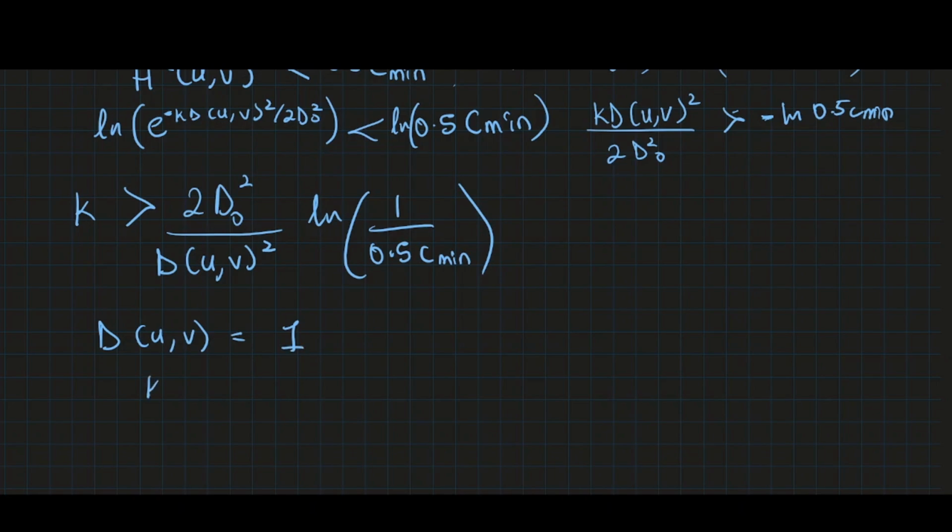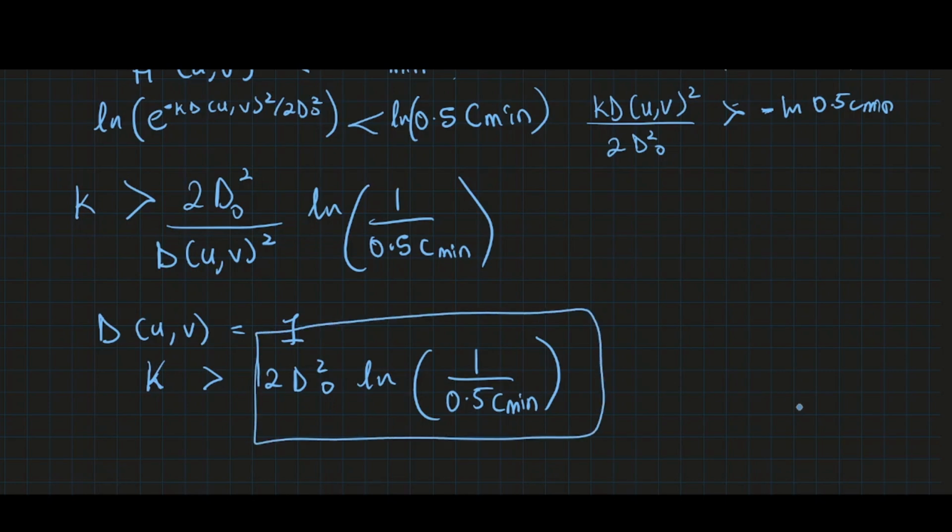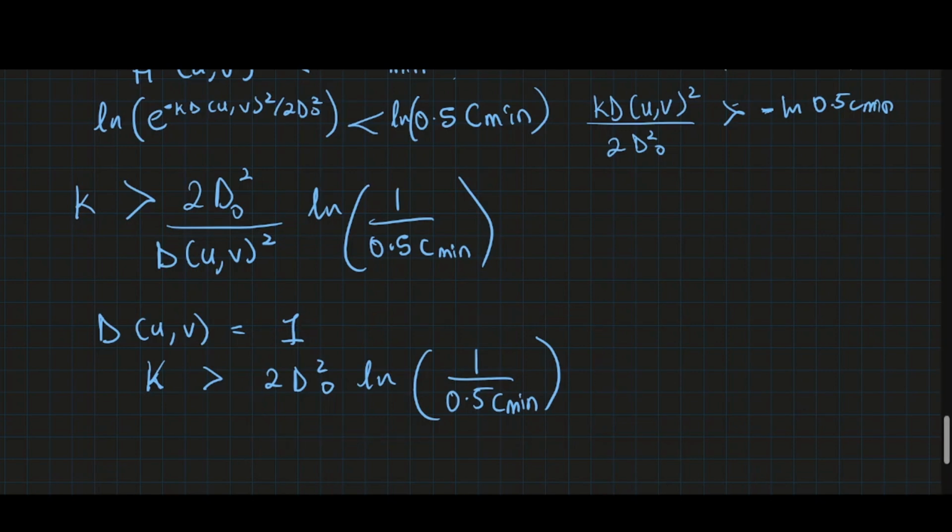So that will be k greater than 2D naught squared, 1 raised to the power 2 is basically just 1, so 1 over 0.5 c-min. This is basically saying that the number of times k that this filter has to be applied for this image to become constant must be greater than whatever you solve here. So that's essentially the answer to this question.